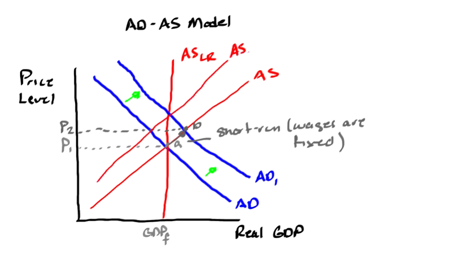So then we're going to go to aggregate supply 1. And then the new equilibrium will now be point C. And so prices will go up yet again to price level P3. So the movement from B to C occurs in the long run. So now this is a long run change when wages become flexible.